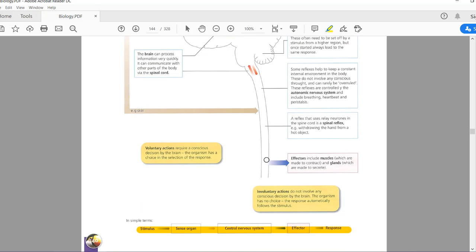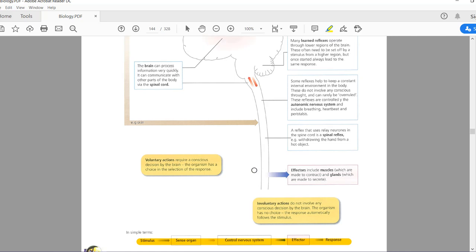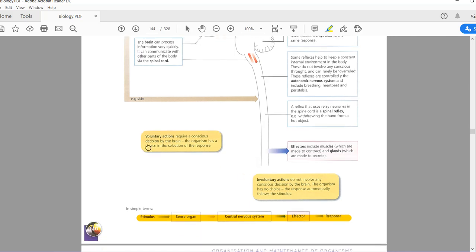The actions that our body will take are of two types. The action is either voluntary or involuntary. Voluntary means you can control it: a decision comes from the brain to the body organ.